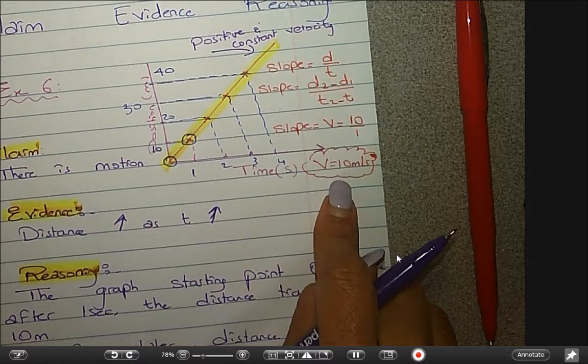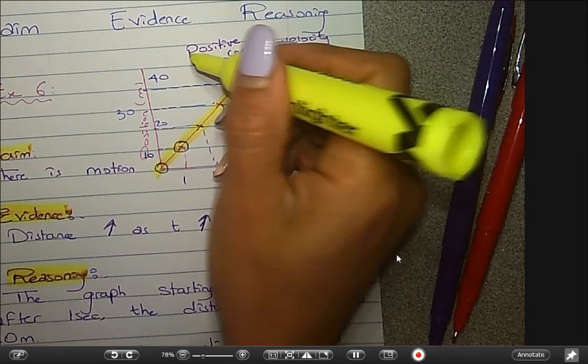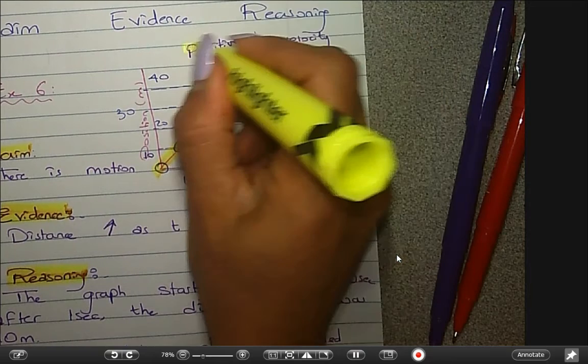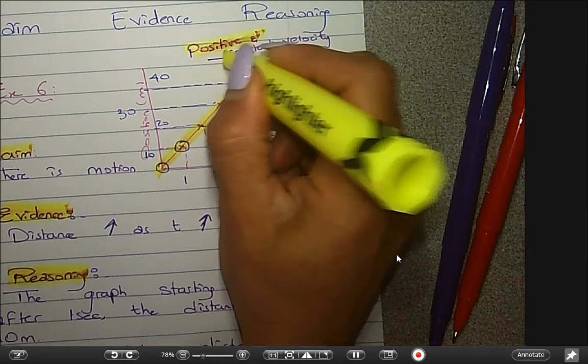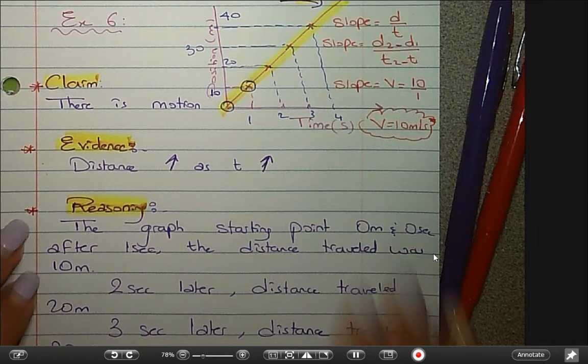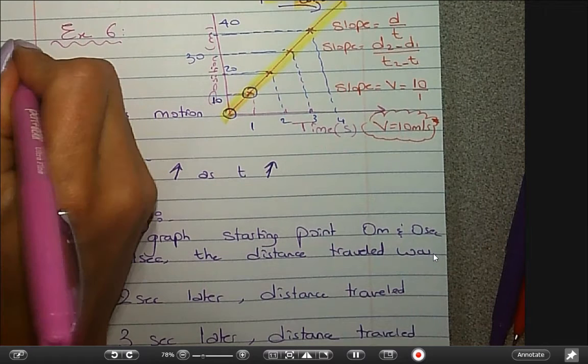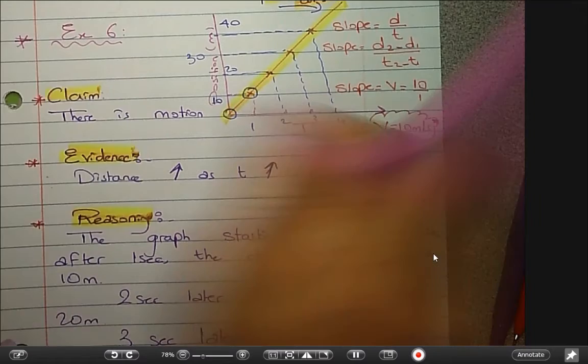And we actually proved that it's positive when we found the slope. So that will give you positive and constant velocity. Okay, I'm going to do a few more examples. So that was example 6.